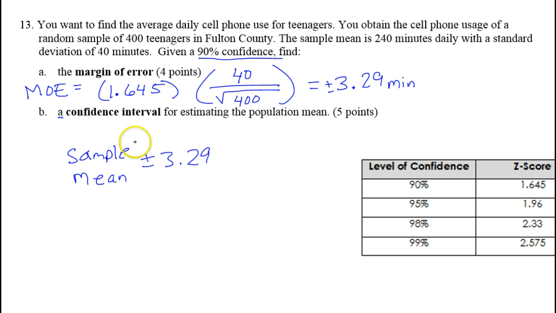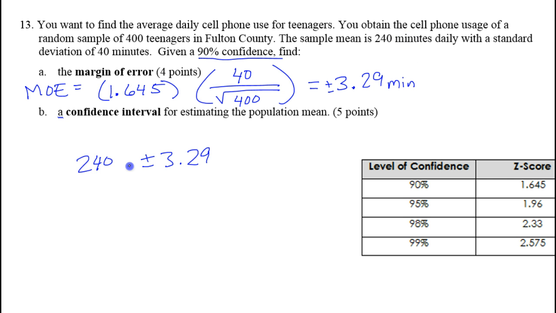Take what the sample said and then do your margin of error. That was a big hint. Looking through, the sample mean is 240 minutes. So the 400 teenagers that they surveyed, on average, spent 240 minutes. Let's start with that.